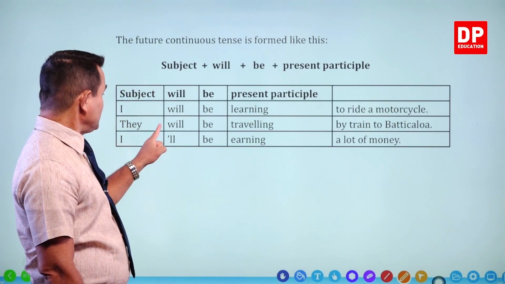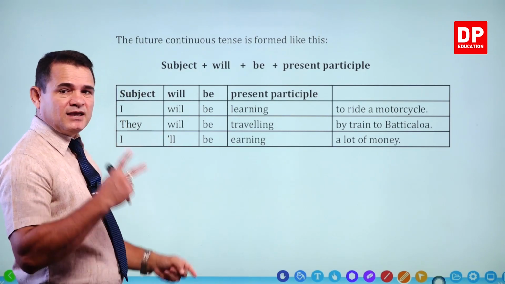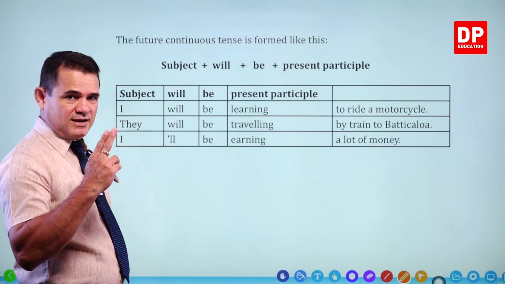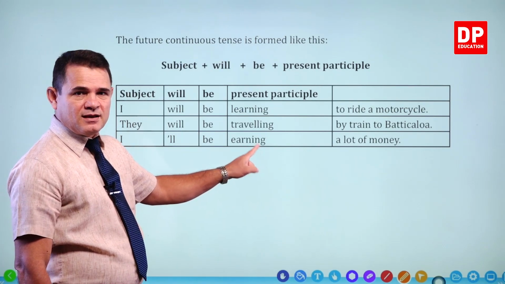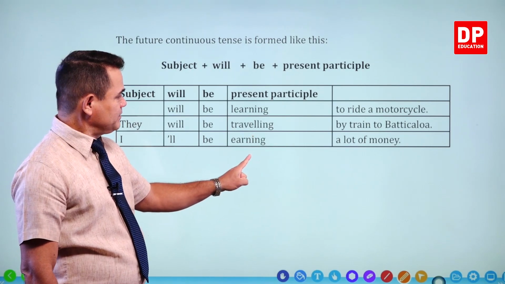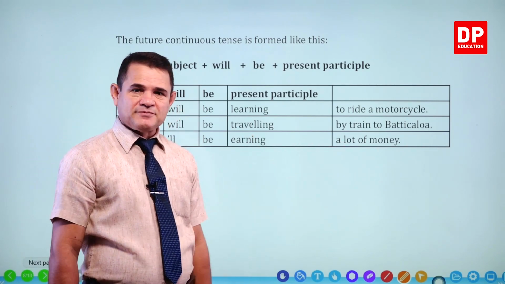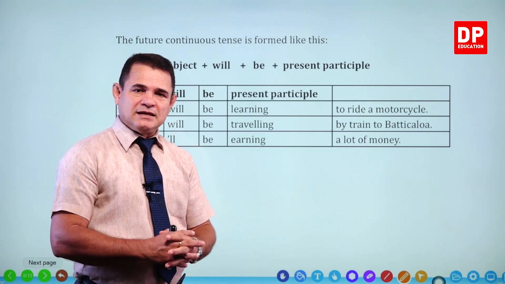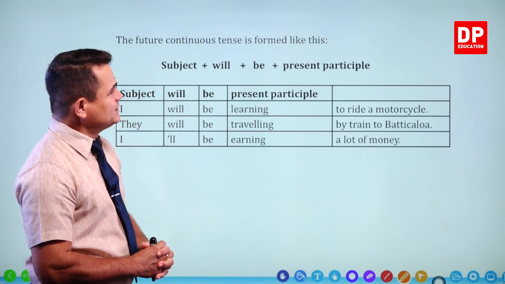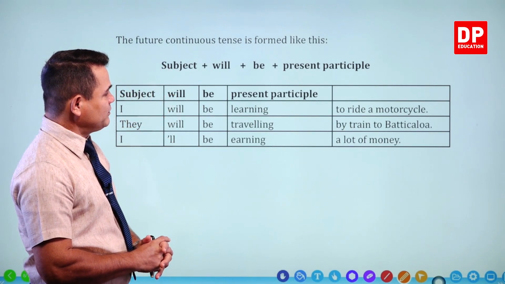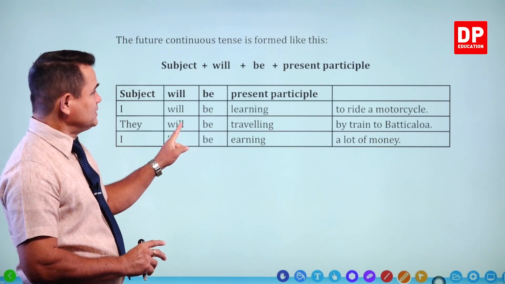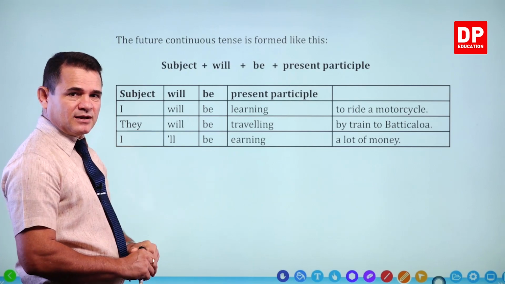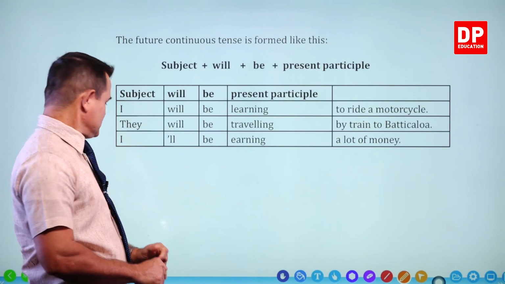I apostrophe double L, that means I will කියන එක join කරාම I'll be earning, ing form of the verb, a lot of money. So now it is clear, it is ing form of the verb that we take after this. Future continuous වල එතකොට ක්‍රියාපදයේ ing ස්වරූපය ගන්න.